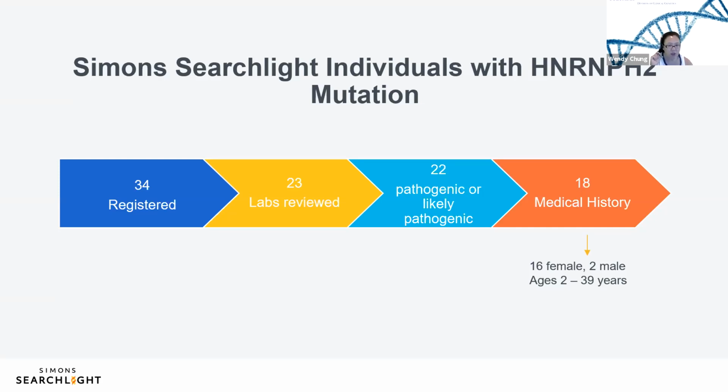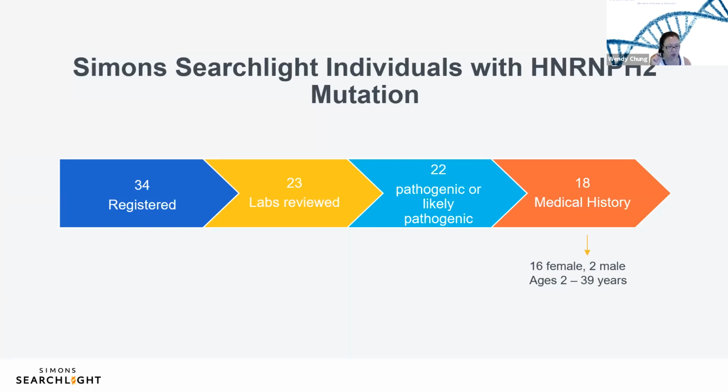As you can see, 22 of the 23 individuals that we reviewed, this was the correct diagnosis, but as I said, very rarely, but occasionally we find that, in fact, that isn't the right condition, and that there may have been a result that was reported, but that's not really the diagnosis. Of those 22 individuals, 11 went on to do the medical history interview, which I'm going to describe the data from today. And as you'll recall, this condition is an X-linked condition.